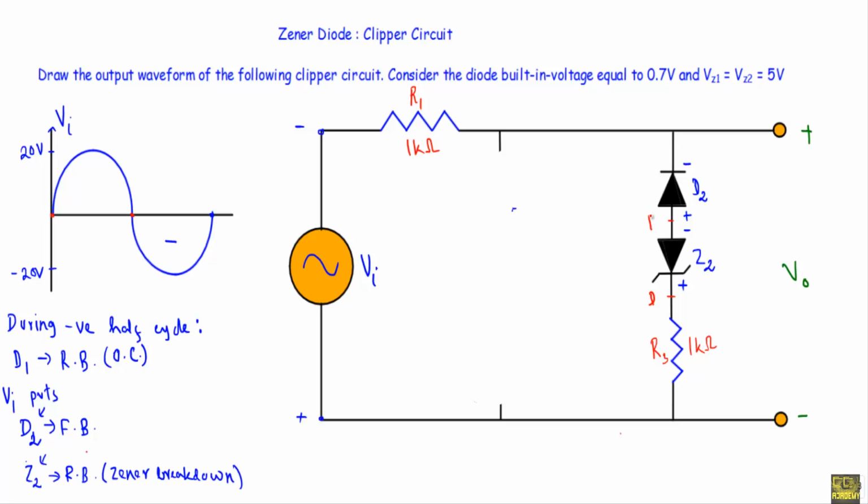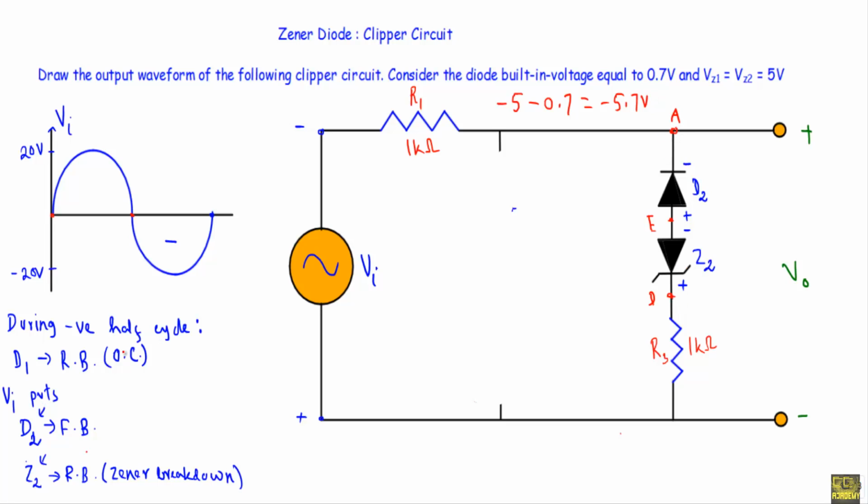If I want to operate the Zener diode in Zener breakdown region, I will need a voltage between this terminal and this terminal equal to -5 volt. If I want to keep the diode D2 in forward bias, I will need a voltage of -0.7 volt between this E and A terminals. That means I will need a total of -5.7 volt between this terminal and this terminal.